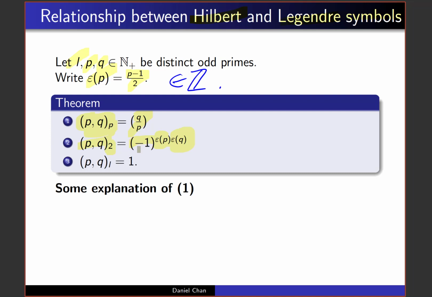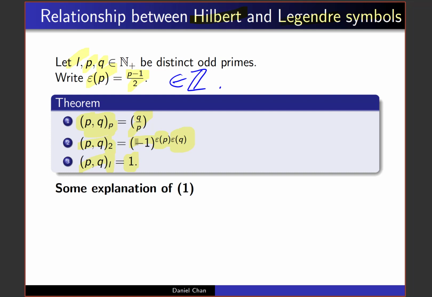The final thing we want to know is what happens if you look at the Hilbert symbol, but the prime L is not the even prime 2, nor is it related to P or Q. In this case, the value of this Hilbert symbol is just 1.